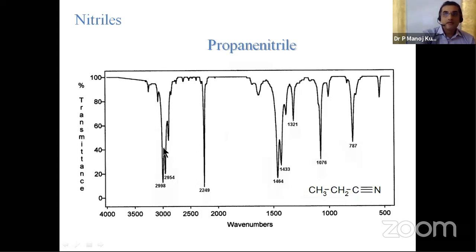What about here? You are not getting any band above 3000. Why? Because the compound does not have any alkenic double bond or aromatic double bond. That is why you're not getting any peaks above 3000. Only below 3000 you have, because you are having only CH3, CH2 and all. See C triple bond and see the sharpness of the band, the intensity of the band is very strong. Why? Because this is having strong dipole moment.